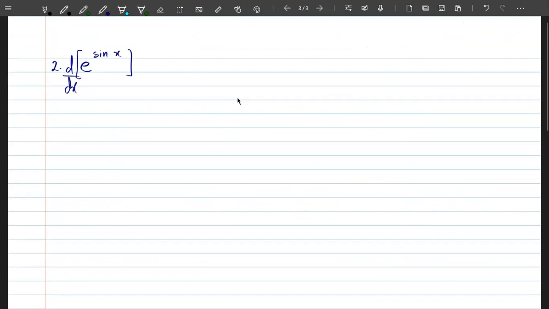Now what you do here is, for this problem also, let me write this function as z is equal to e to the y, where y is equal to sine x.